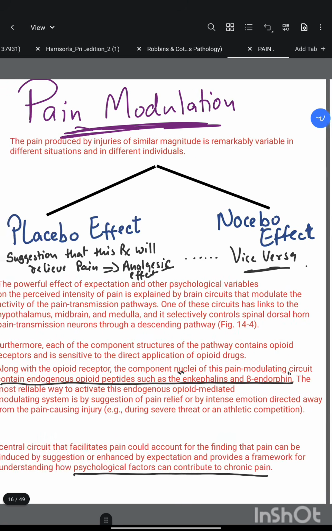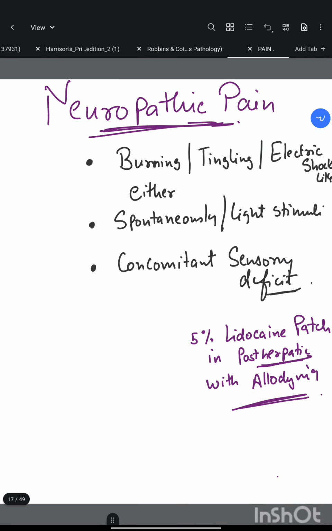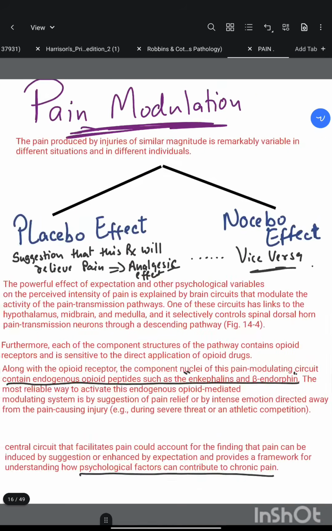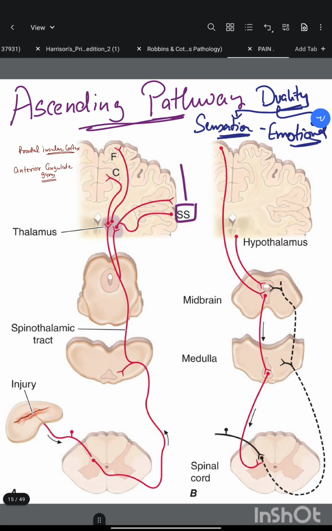And the third thing is neuropathic pain. Now tell me, if this is the whole pathway, this is how the pain is transmitted. If I have, say here, a stroke, if I have lateral medullary syndrome, what do you think is going to happen to the patient?